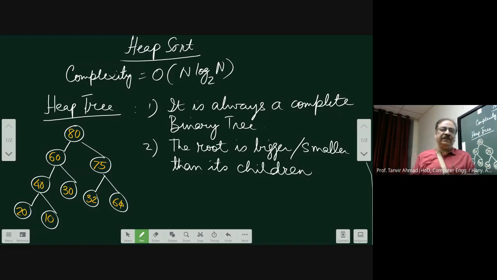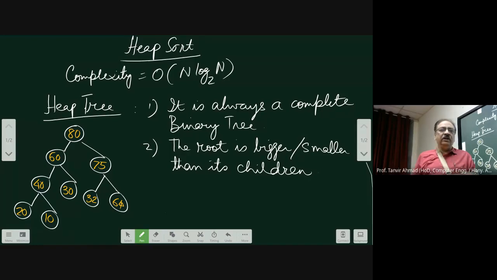And if you check the second property, at all levels, the root is bigger than its children. The root is always bigger than its children. And therefore, by this property, this is a heap tree. Since the root is the maximum, it is called the max heap tree.